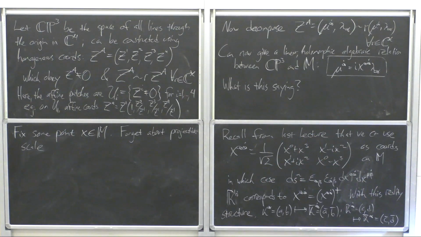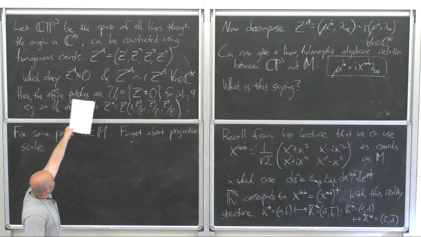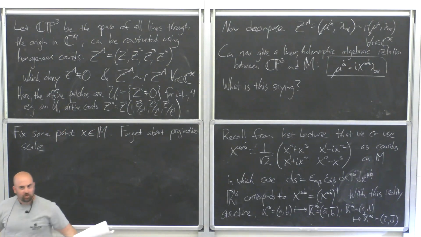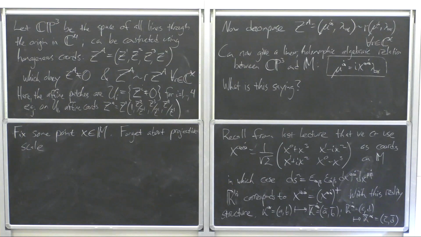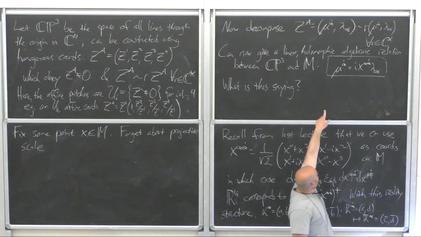For fixed x, this is an equation defining a linearly holomorphically embedded plane, a copy of C2 inside of C4, right? So if I forget about projective scale, the ZAs are just holomorphic coordinates on C4, and this is a linear relation, two linear equations.